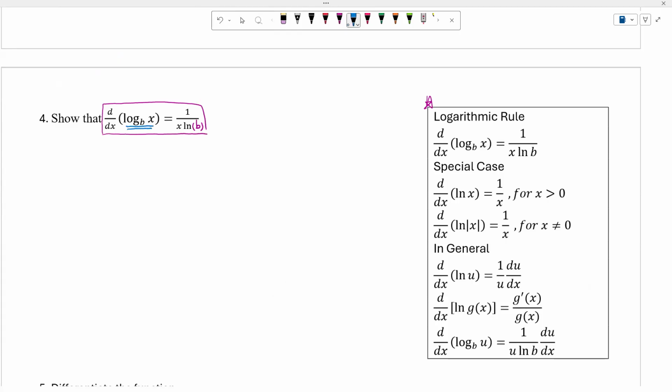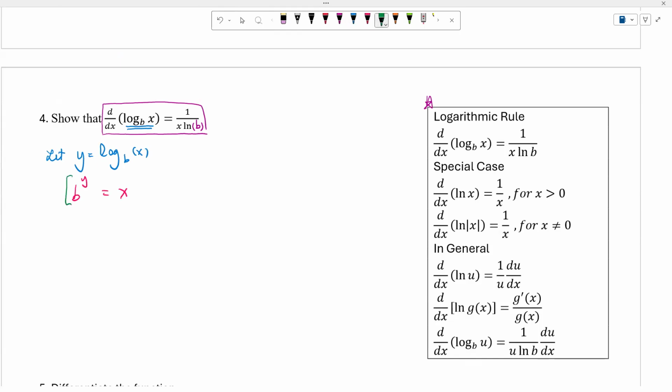My first step is really like what we did with the inverse functions, because log and the exponential have an inverse relationship. So the first step is I let y equal log base b of x. Then of course we could rewrite this into b to the y equal to x.